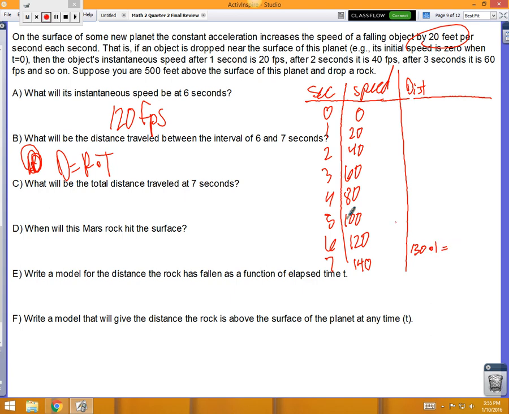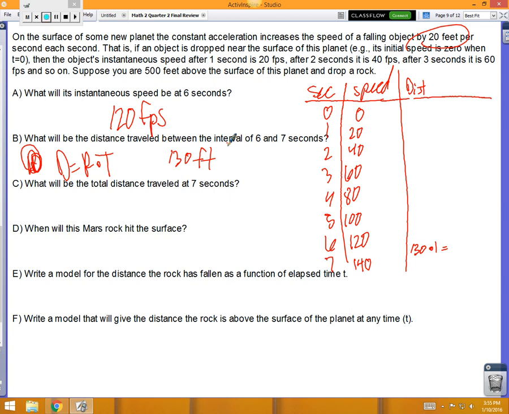So that rock is going to go 130 feet total from the start of the 6th to the start of the 7th. It will travel 130 feet.